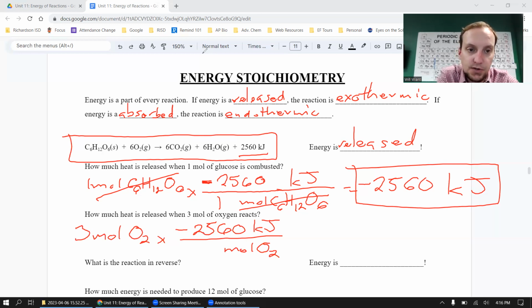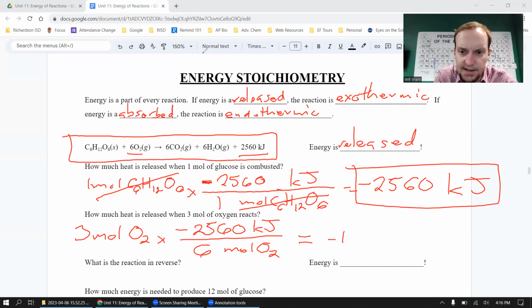And that is equal to how many moles of oxygen? There are 6 moles of oxygen, okay? So therefore, I'm going to get my calculator out again. I'm going to go 3 times negative 2,560 divided by 6. Again, those of you who are good with math, you know that basically we're going to divide it in 2.